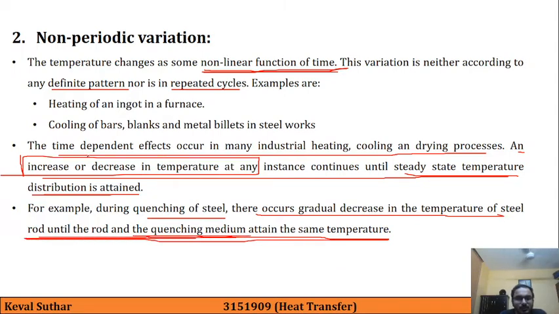Even in a household example, if we take a piece of ice and immediately put it in normal temperature water, then this cooling will also be a non-periodic one.